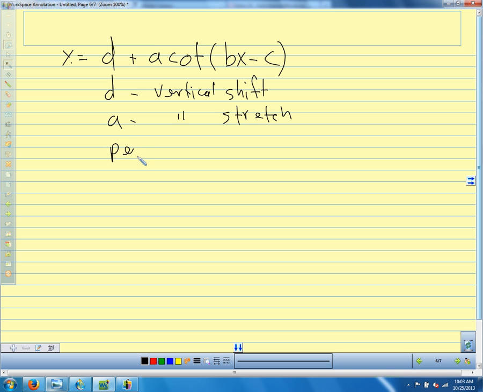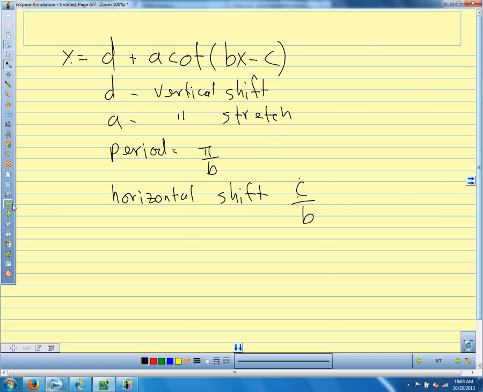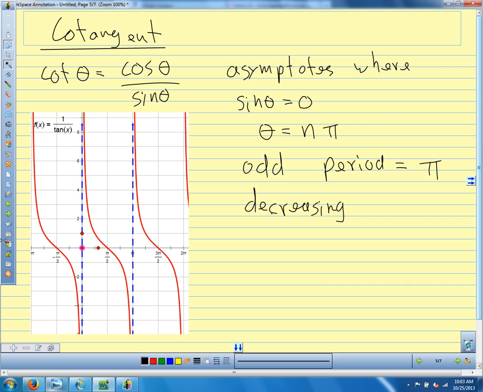Our period is pi over b, and our horizontal shift is c over b. Good.